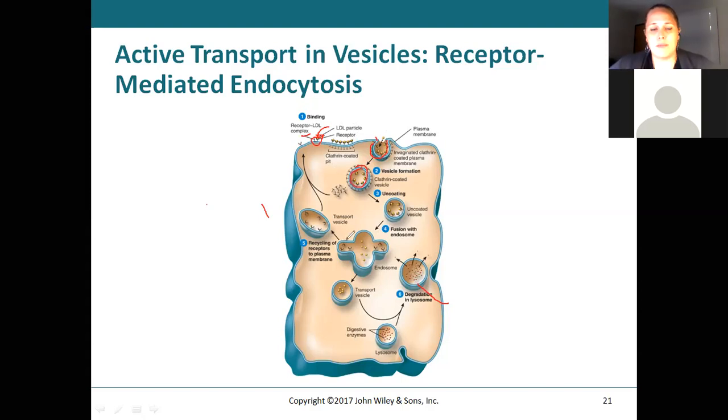It can be utilized by the cell via transport vesicle, can be degraded via lysosome, meaning chewed up, and then the vesicle itself can get recycled and fused back to the surface of the cell. So it's kind of just like a cyclical action. The cell buds in, takes that cargo, or the thing that has bound to that receptor, utilizes it in some way, and that cargo can either get degraded or it can get recycled back to the surface of the cell in some way. Okay. Questions about endocytosis?